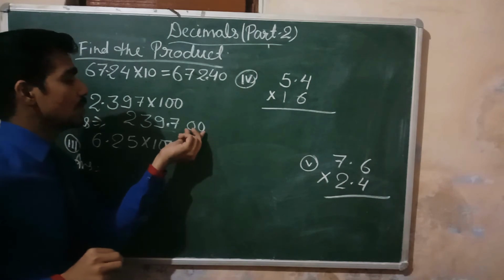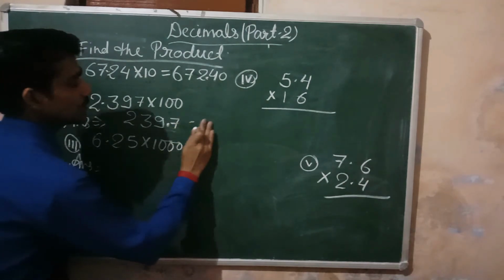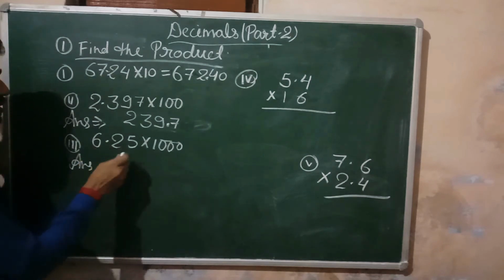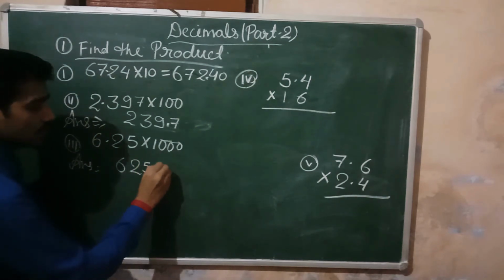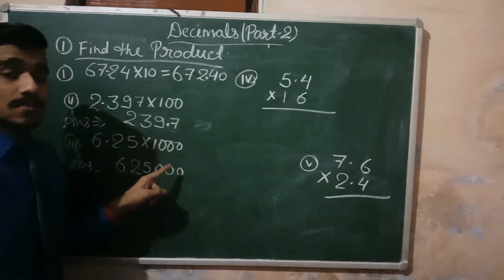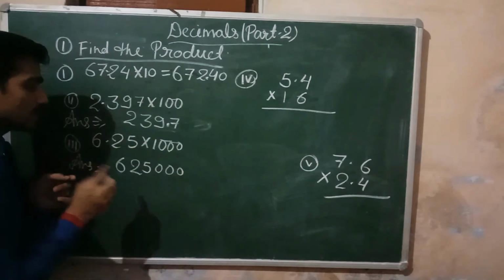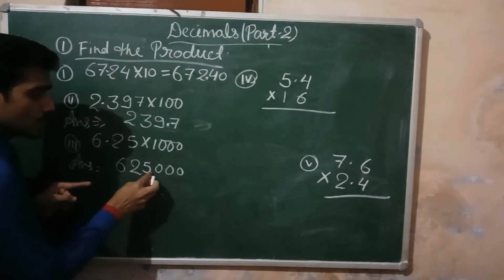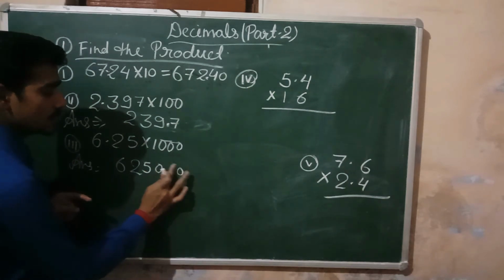There is no meaning of this 0, you can erase it. And 6.25 into 1,000: 1, 2, 3. In case of 1,000, the decimal is shifted to the right side 3 places: 1 place, 2 places, and here 3 places. Clear?